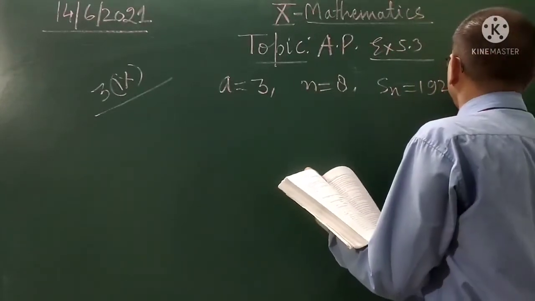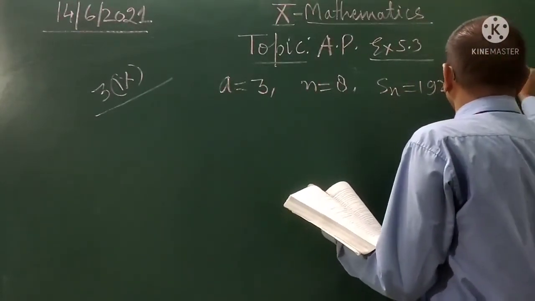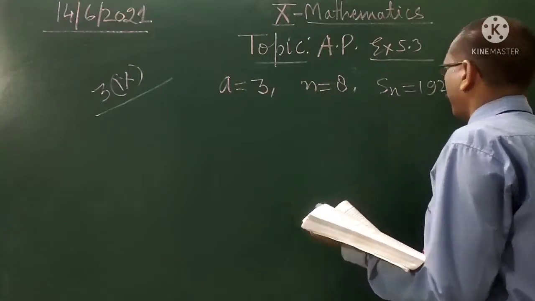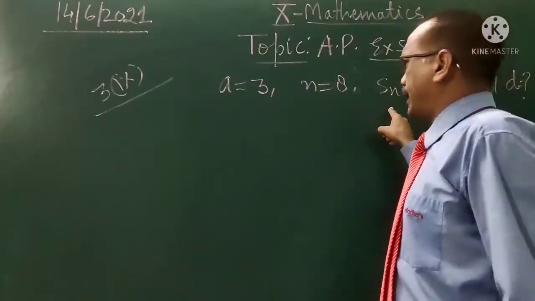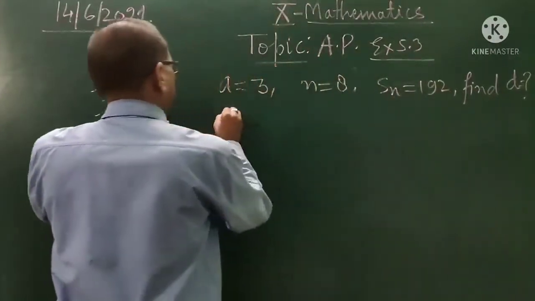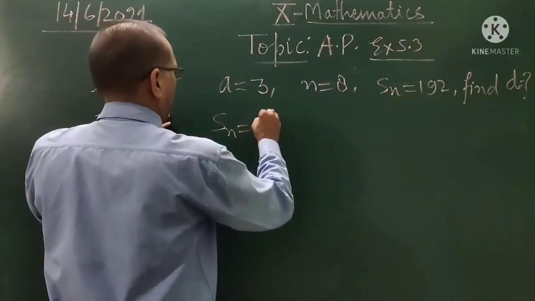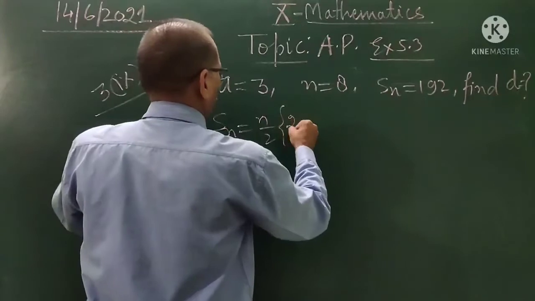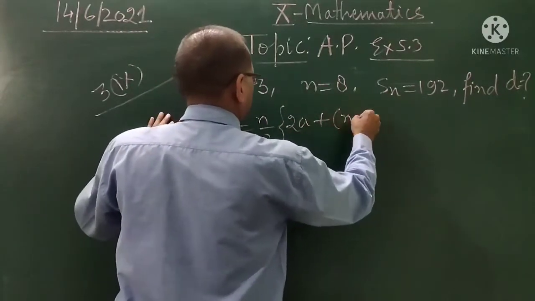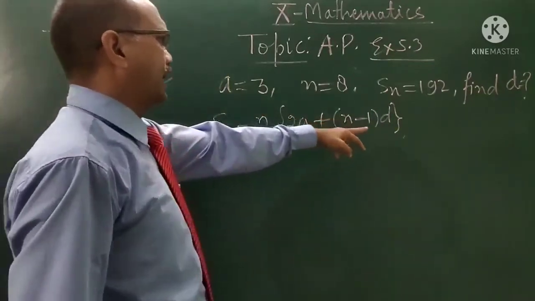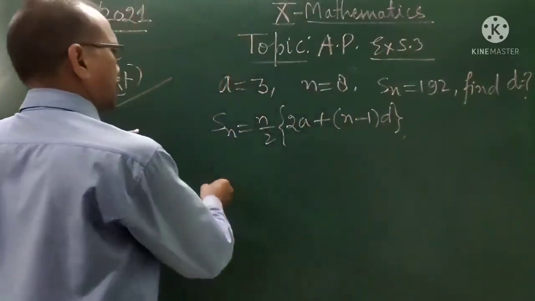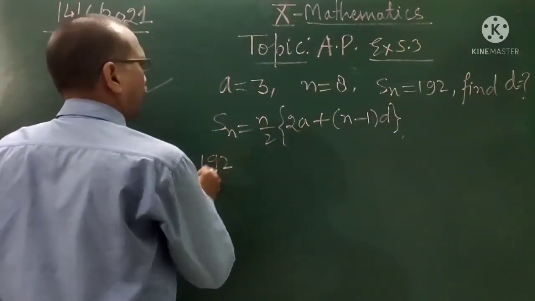Find D. Student, in the formula of Sn equal to n by 2 into 2A plus n minus 1 into D, we have to find D. Sn is 192.